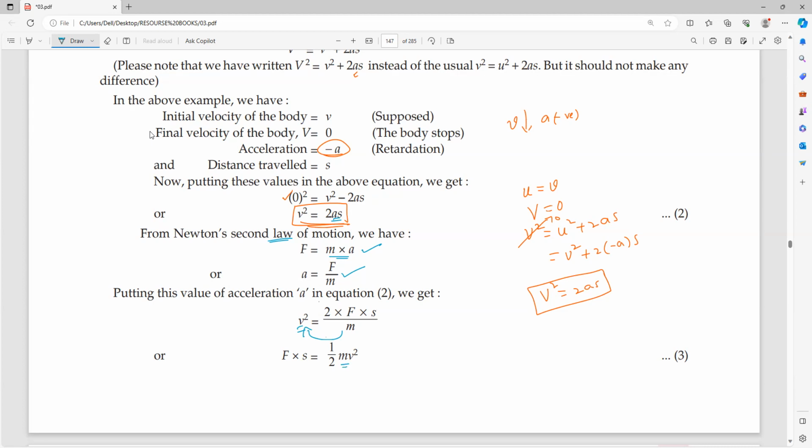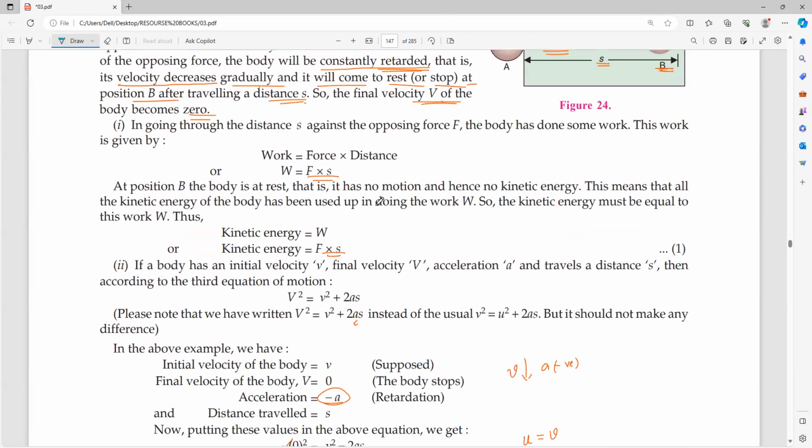So M into V square, with 2 in multiplication, comes to this side and becomes division. We all know F into S is equal to what, everybody? Work done. Which is equal to what? Kinetic energy. Understand?